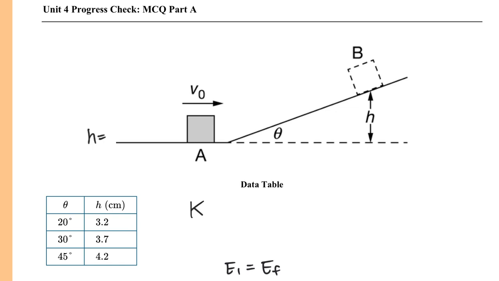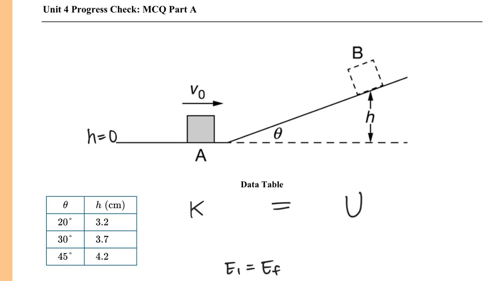It doesn't have potential energy because the height is 0 at the ground. If the block is away from a point at 0, like it is at B, that means it will have potential energy. Whenever it's at the very top of the ramp, it will have potential energy, which is U.